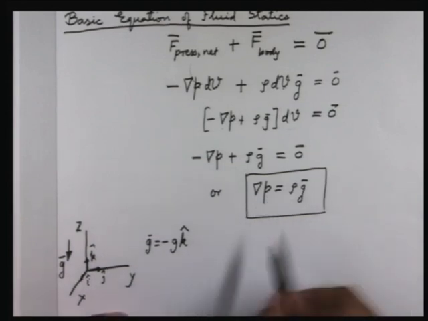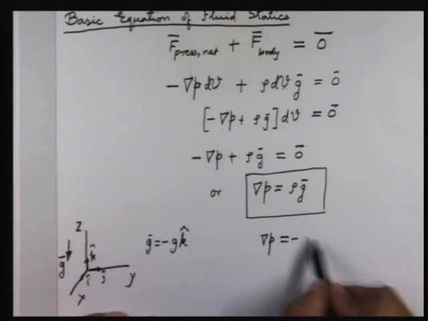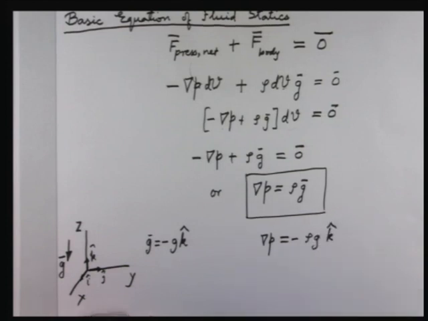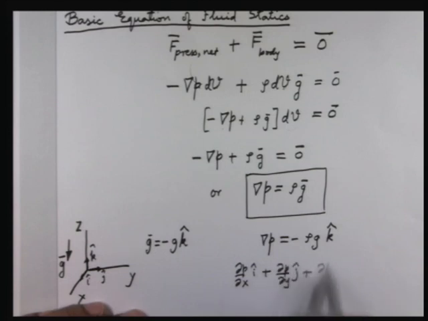So this equation then will be, according to this coordinate system, del P equal to minus rho g k. Now this is del P del x i plus del P del y j plus del P del z k.